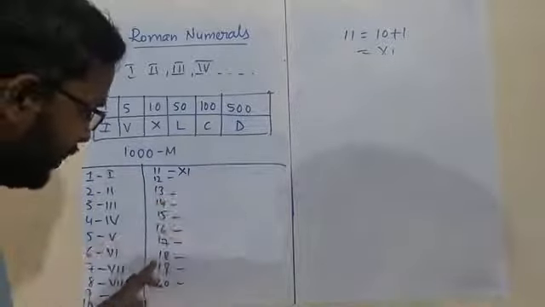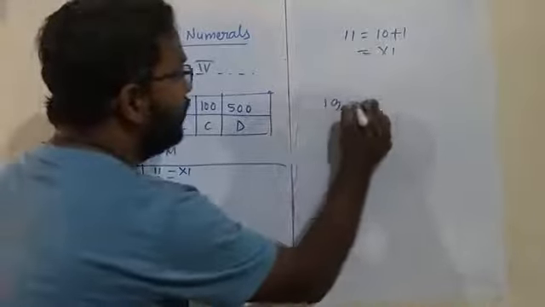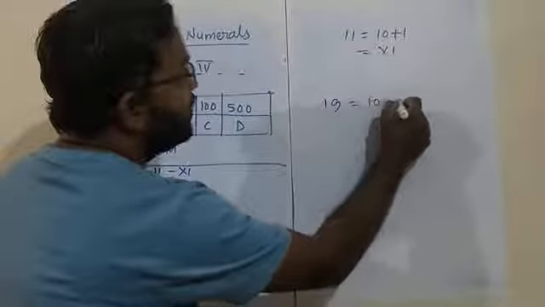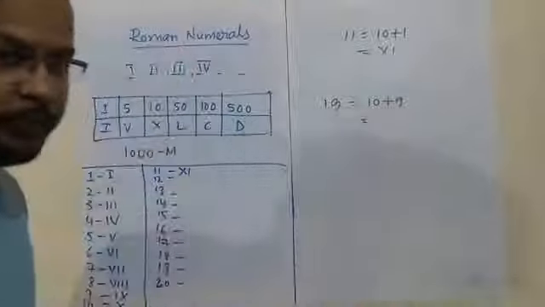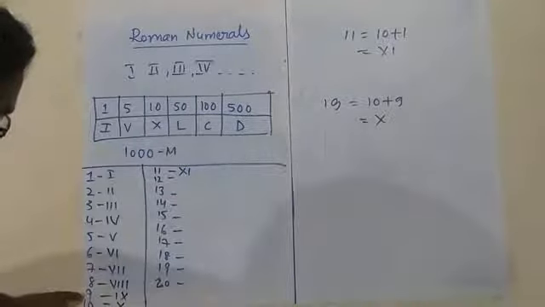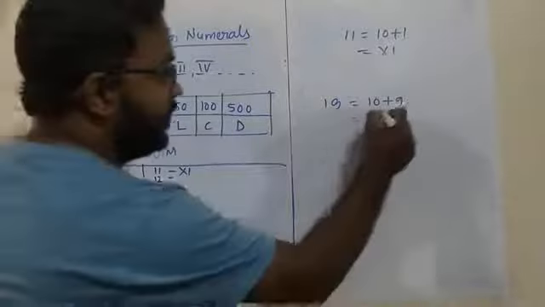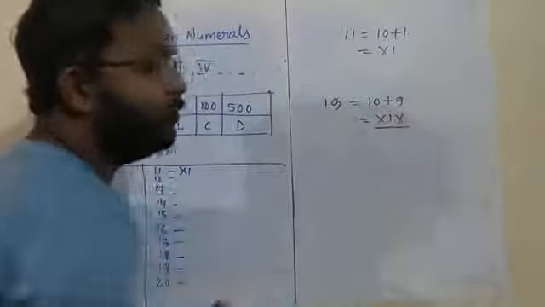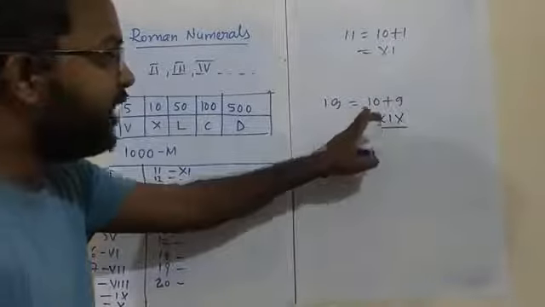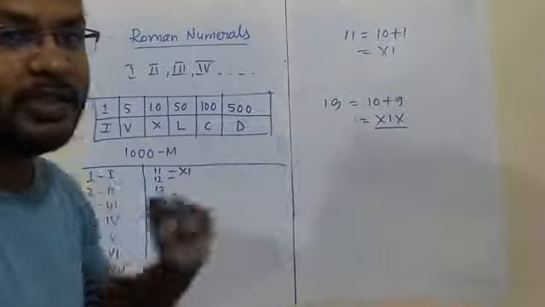Same way you can write it up to 19. And 19 means 10 plus 9. For 10 we are using letter X, and for 9 we have already written IX. So 19 means 10 plus 9: this is 10 and this is 9, so XIX.